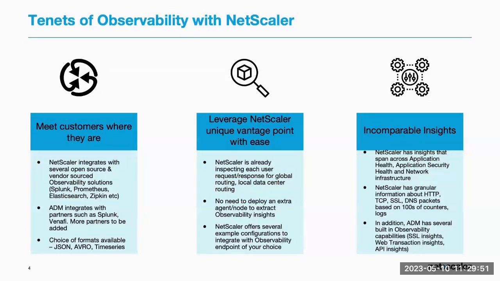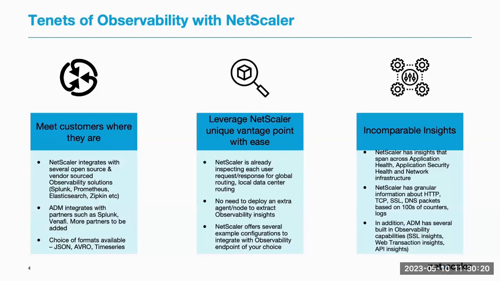And you'll know from previous webinars on ADM that NetScaler provides built-in dashboards that help businesses define and enforce strong SSL policies and continuously monitors deviations. Similarly, Web Transaction Insight and API Insight provide detailed knowledge of exactly what's happening in a customer's environment.